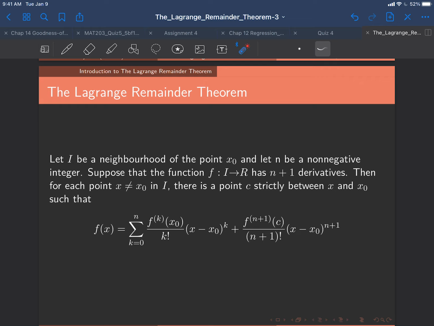Then for each point x not equal to x0, there exists a point c strictly between x and x0 such that the Lagrange Remainder Theorem formula holds.